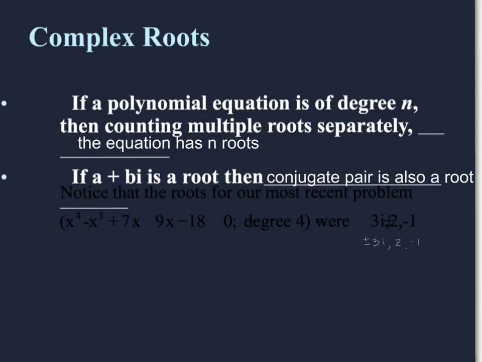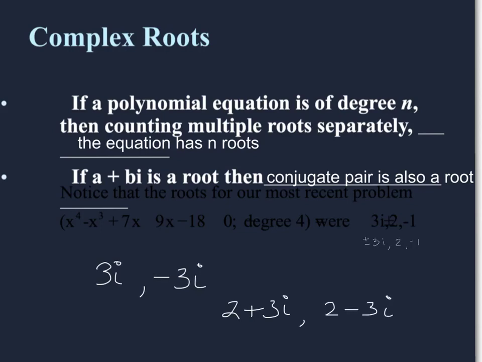When you have complex roots, I just want to point out that if the solution is a complex number, so let's say I have 3i, the conjugate pair also has to exist. So -3i also has to exist if it's a root. Or if I have 2 plus 3i as a root, then the conjugate pair must exist as well, 2 minus 3i.